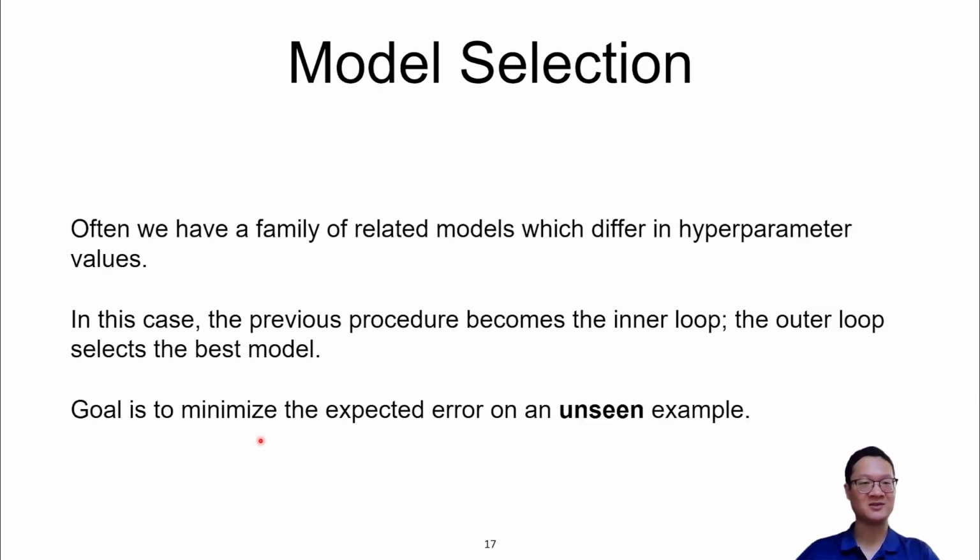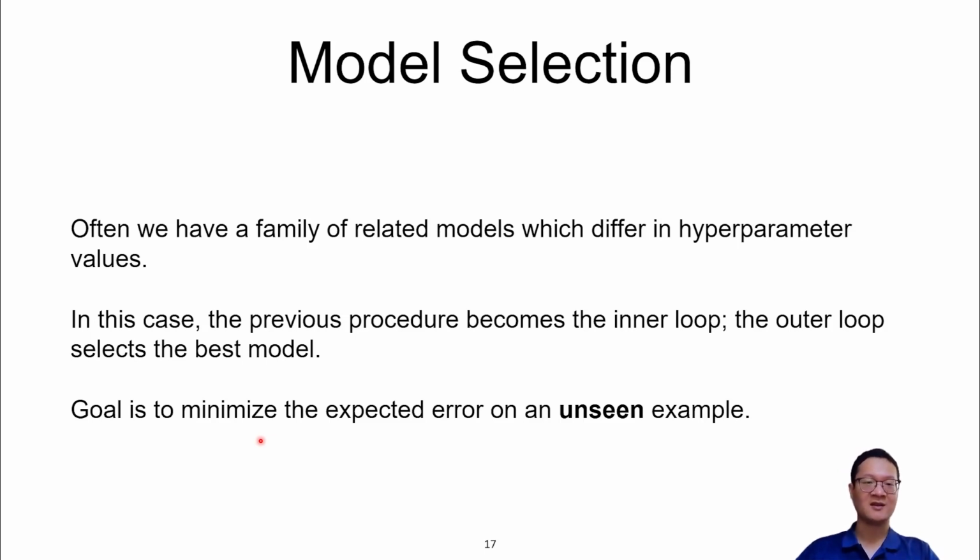For example, one of the parts is model selection. So often we have a family of related models which differ in hyperparameter values. One example is, let's say, polynomial models. That's basically a family of related models that differ in the maximum degree, the term with the maximum degree.